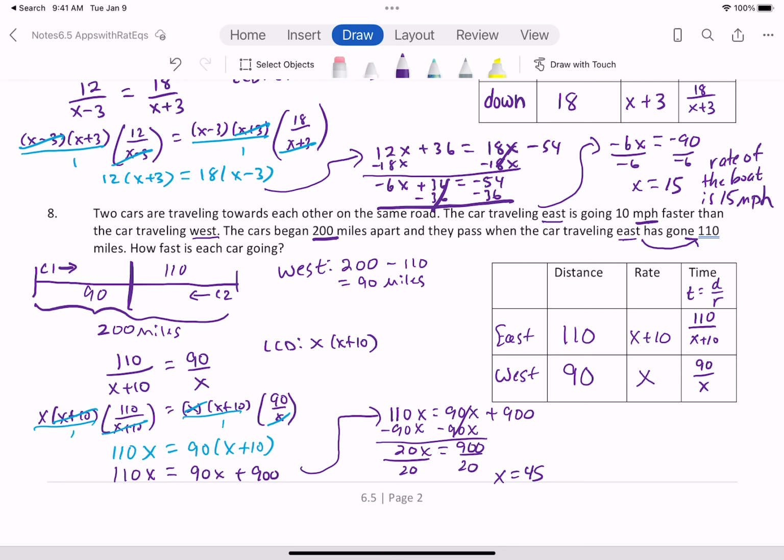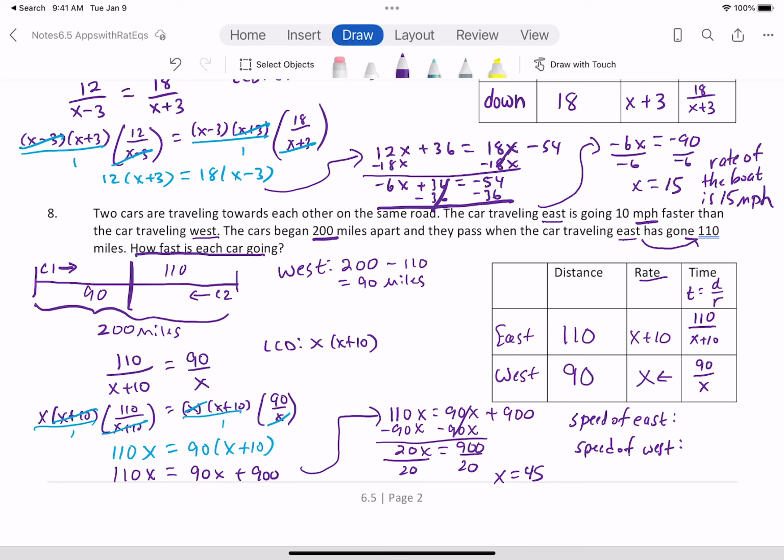Alright, so for what it means, this problem is asking how fast each car is going. So you can call rate or speed. Let's say the speed of the east car and the speed of the west car. So if you go back to your table, x is right here.